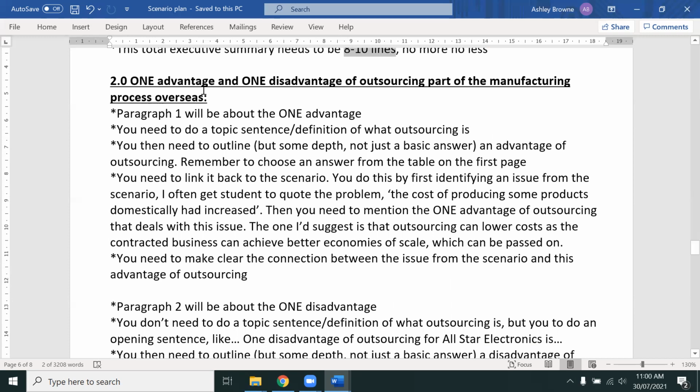They know the question and they're going to address the question, rather than just saying outsourcing as a heading. I want a little bit of depth in it. 2.0, I wouldn't do a 2.1 and a 2.2 because it is an outline question. But I wouldn't mark you down if you did 2.1 and this was the advantage and 2.2 the disadvantage. I just wouldn't do it.